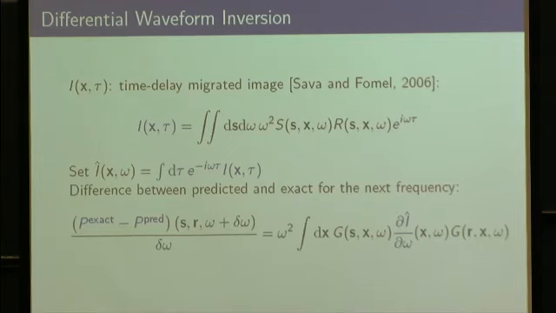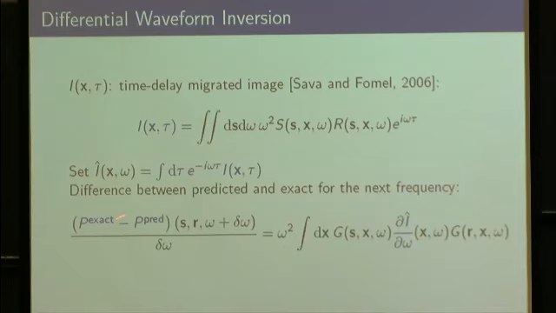Maybe I do not have the good model, so I introduce this time delay. And for the correct model, the time delay should, of course, be 0. So here, the derivative of my image with respect to frequency is the same as in the time domain, being the differences between my exact and predicted shot for the next frequency.